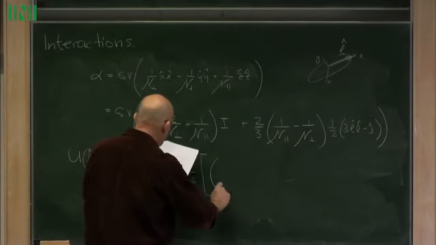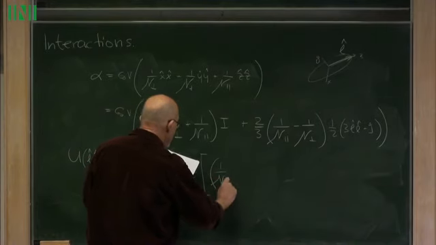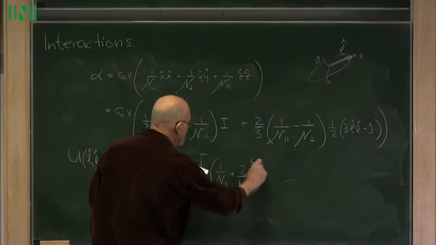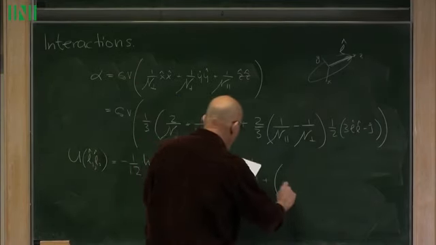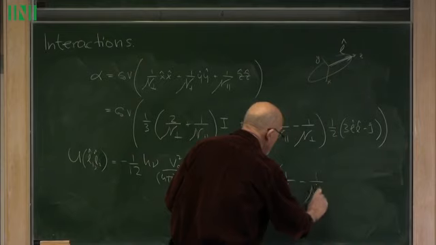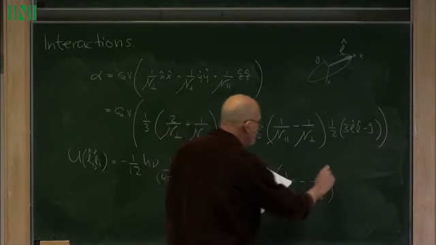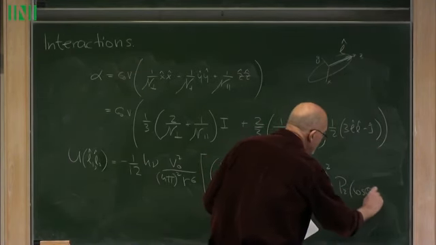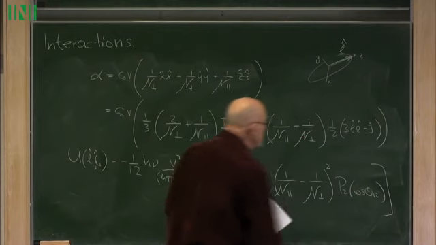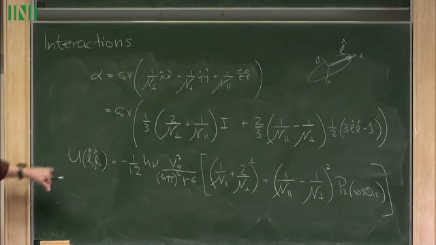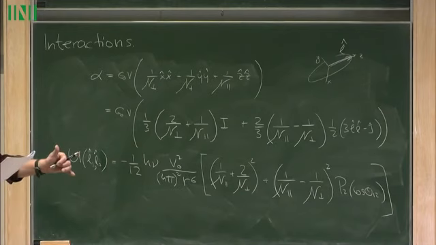And then the terms that I had by mistake last time, parallel plus 2 over this guy squared plus 1 over n parallel minus 1 over n perpendicular. So the anisotropy term squared again times P2 of the cosine of the angle between the two long axes. So this all pretty much follows along. And the point is simply that we can actually calculate pretty well the interaction potential of two dipoles.